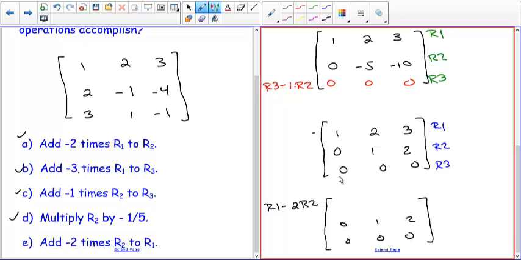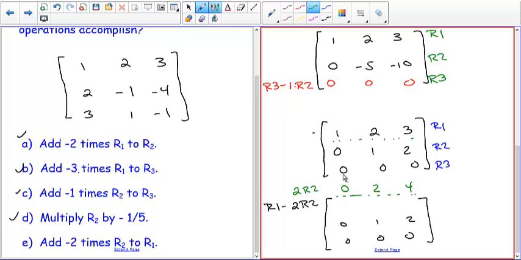So let's write this up here. If I take 2 times R2, so I take row 2 and multiply by 2, I get 2 times 0 is 0, 2 times 1 is 2, 2 times 2 is 4. Then I'm going to take row 1 and subtract 2 times row 2.